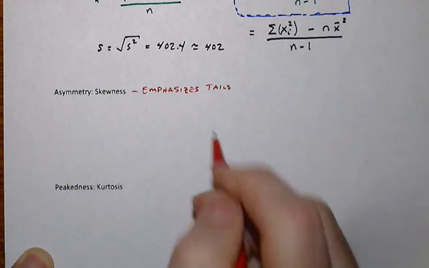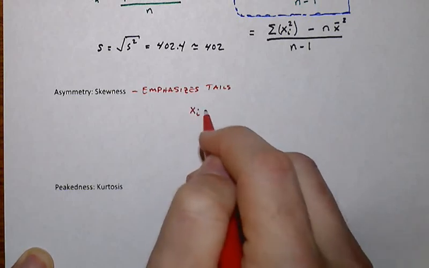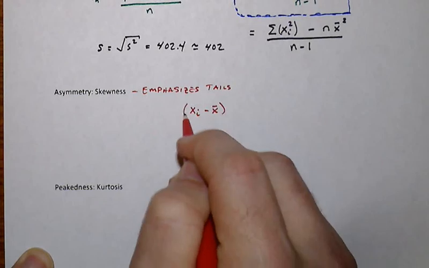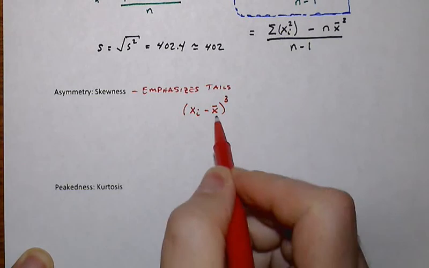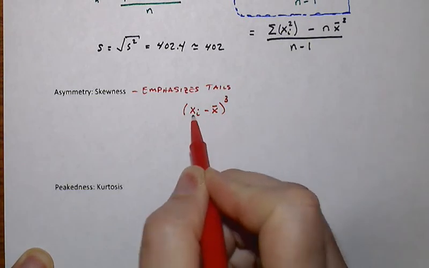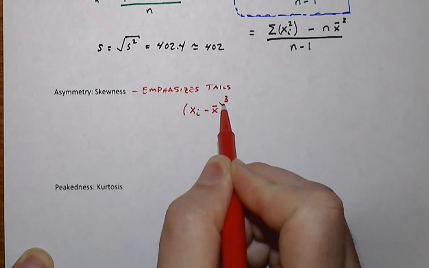So we're going to look at the deviations away from the mean, but we're going to cube them, which means we retain the sign, whether it's positive or negative, on the large side or the low side, and then it gets this gigantic cubing.